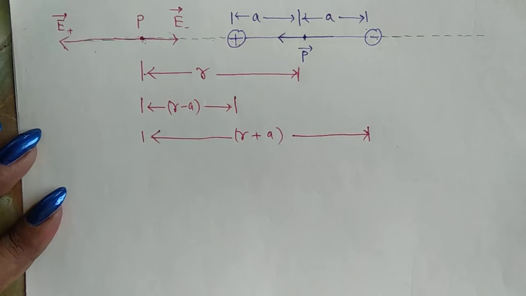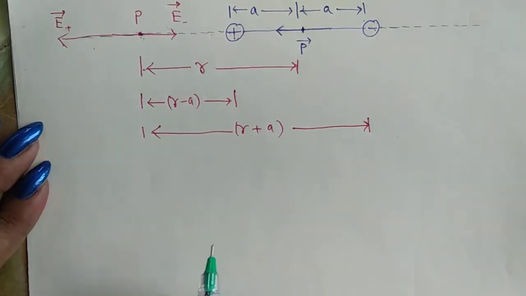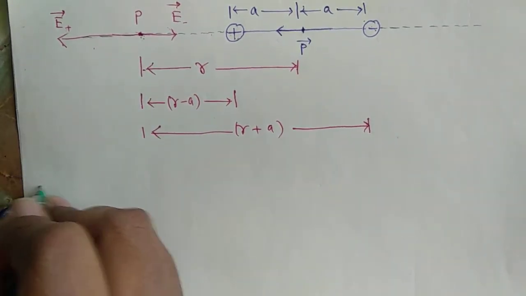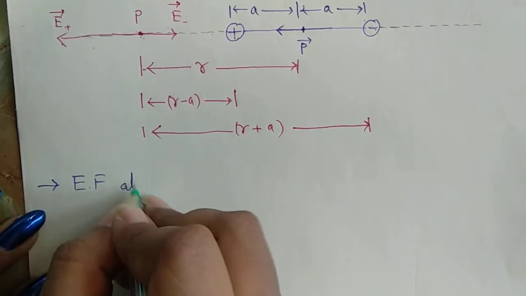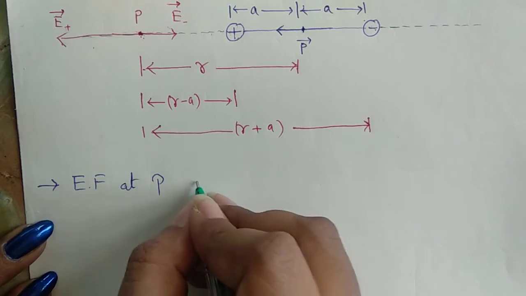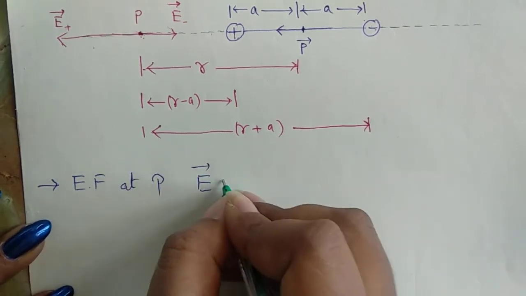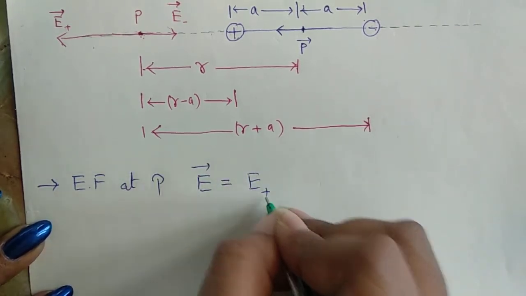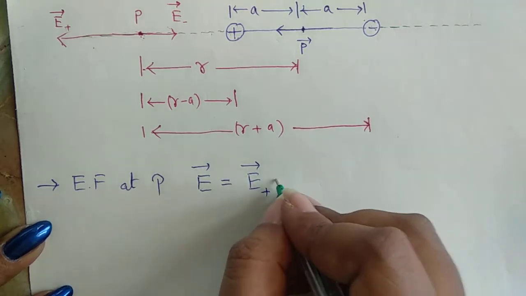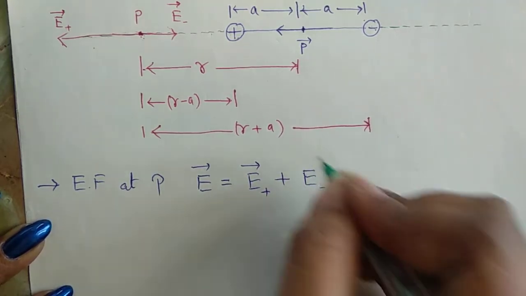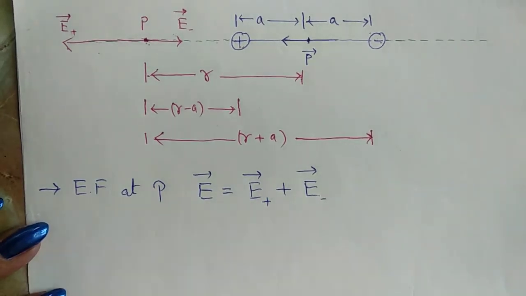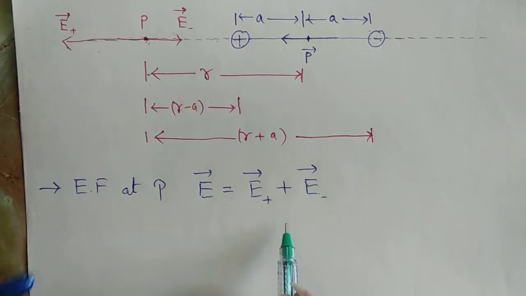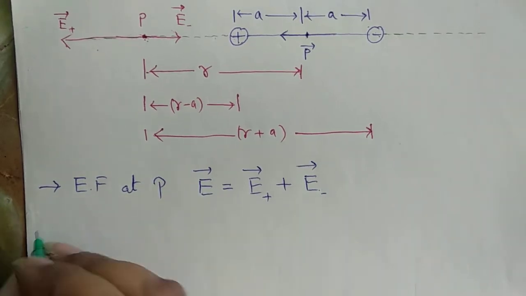So the total electric field at this point P will be this much. See, it is electric field due to the positive charge plus electric field due to the negative charge. So now we'll calculate these electric fields separately, and then we'll be adding them. So first, suppose I am calculating electric field due to the negative charge.